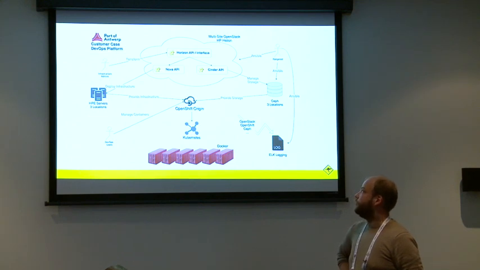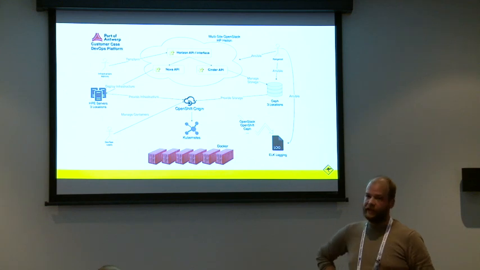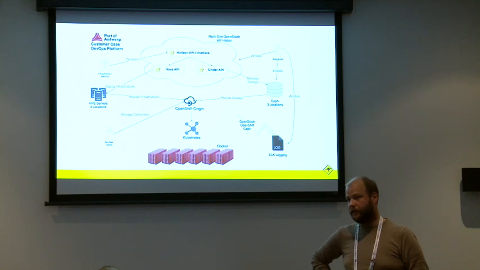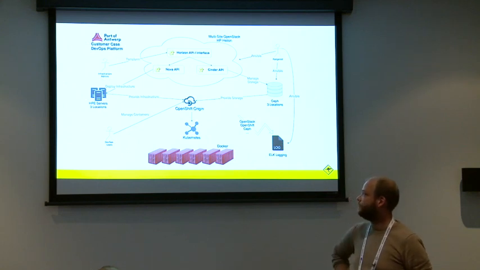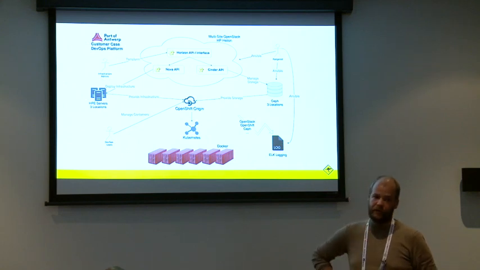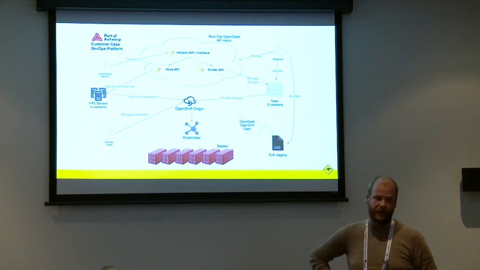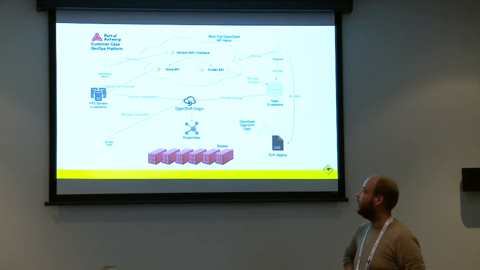We deploy OpenShift Origin. The Terraform actually deploys heat templates that Port of Antwerp developed themselves to deploy the OpenShift nodes. OpenShift uses Kubernetes. Kubernetes has Docker containers underneath, which is running the different applications that they are using.